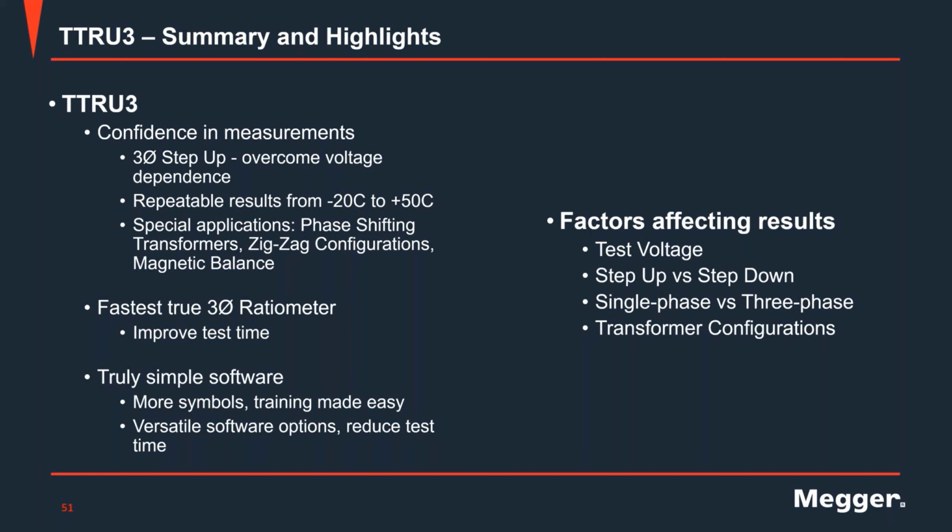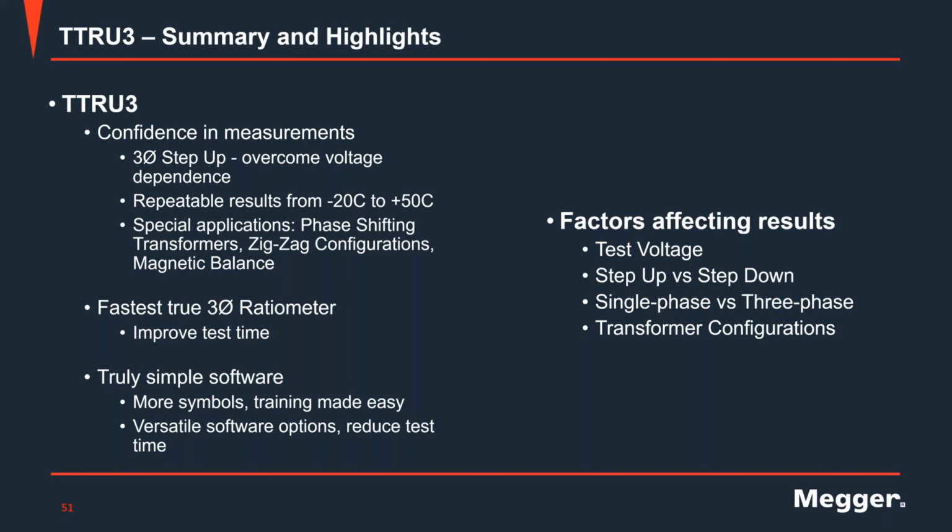These features in the TTR U3, apart from the advantages that I explained, can also be really useful for special applications like phase shifting transformers and zigzag transformers. The unit will make testing those types of units easier and faster.